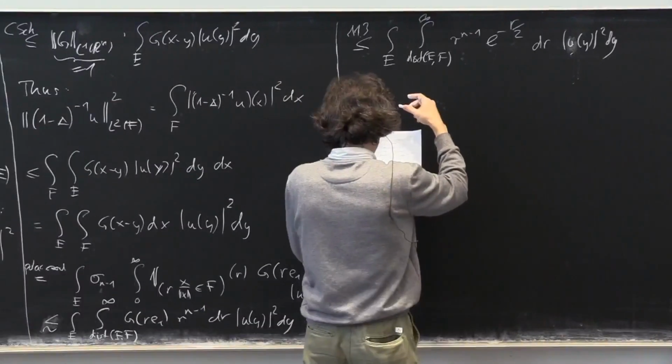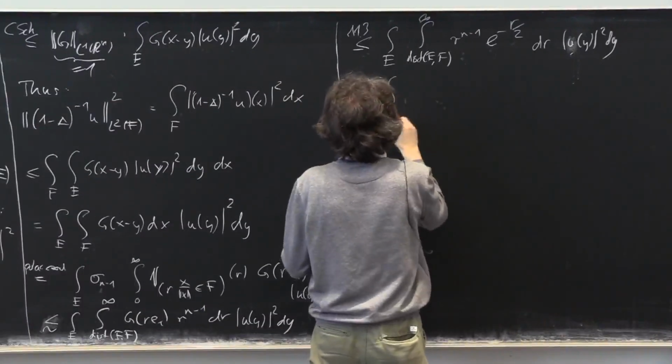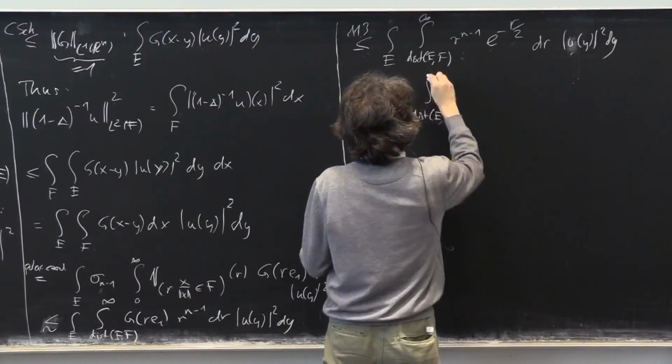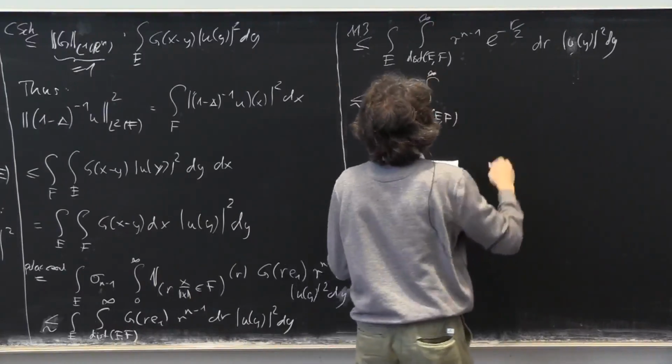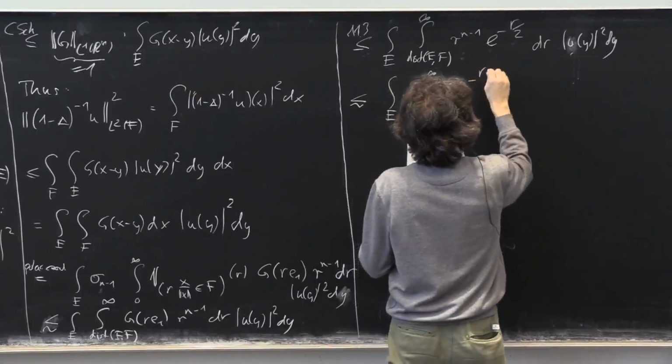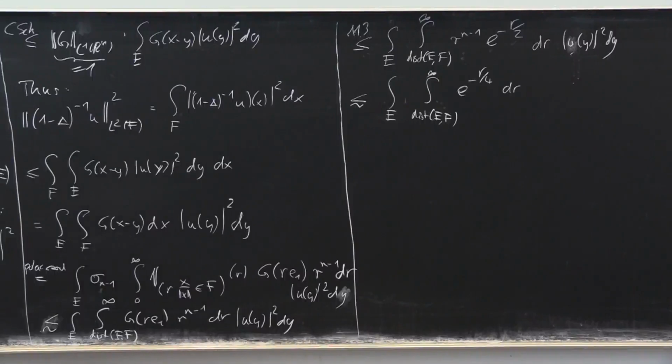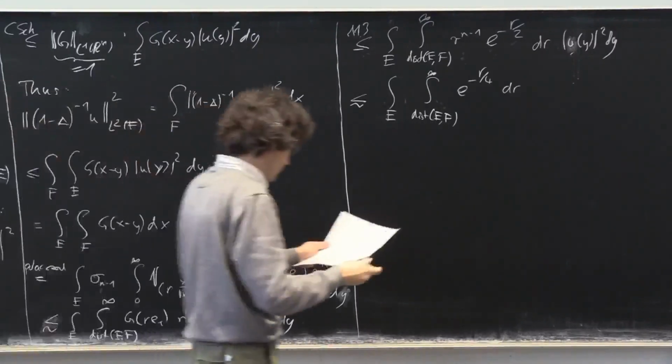So up to a constant, we can estimate this by the integral over E, the integral for the radius going from the distance of E and F to infinity, e to the minus r over 4. So I give away a little bit of the exponential decay, and for this get rid of the polynomial.